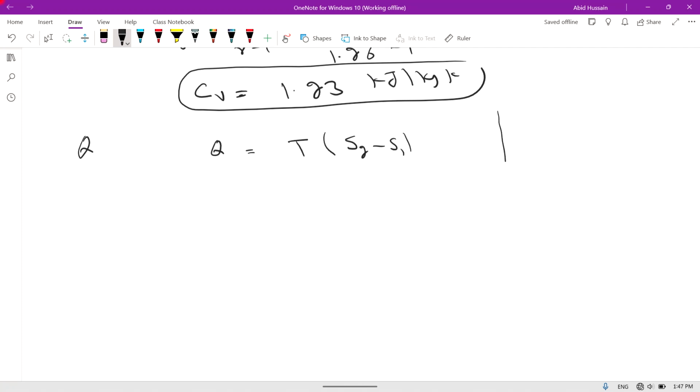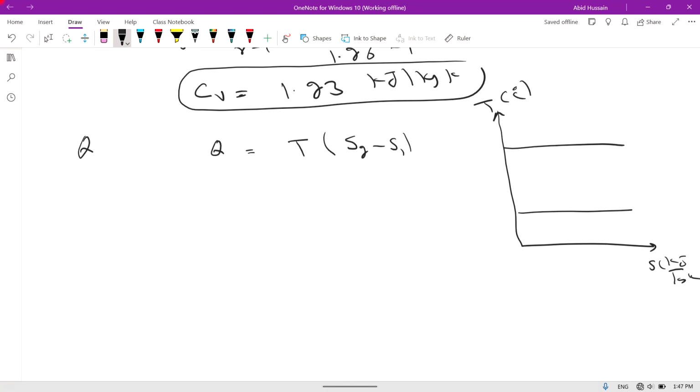There are two values of T on the TS diagram. This is a straight line and this is Q.